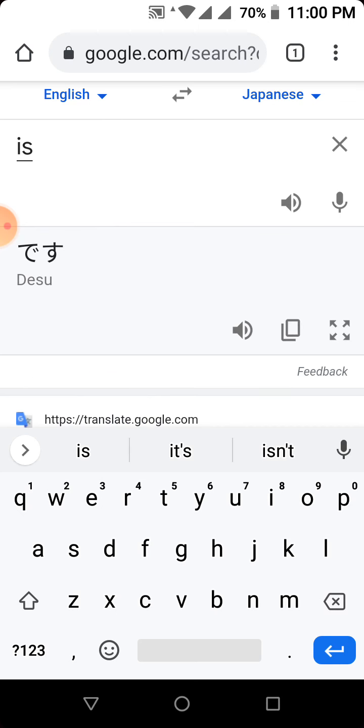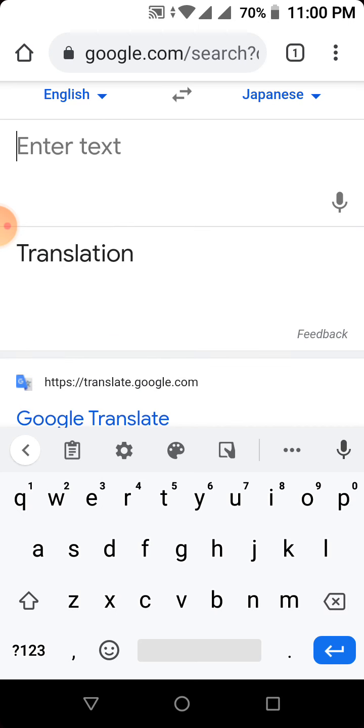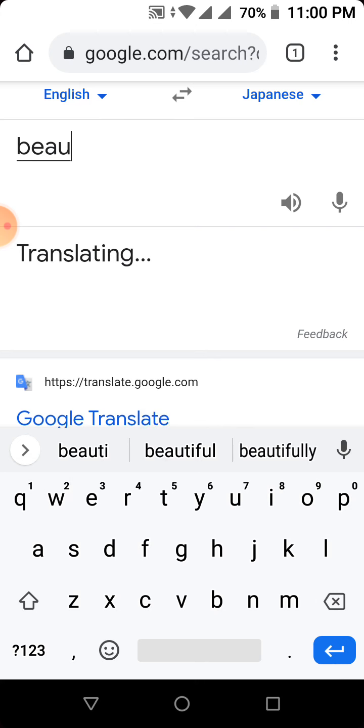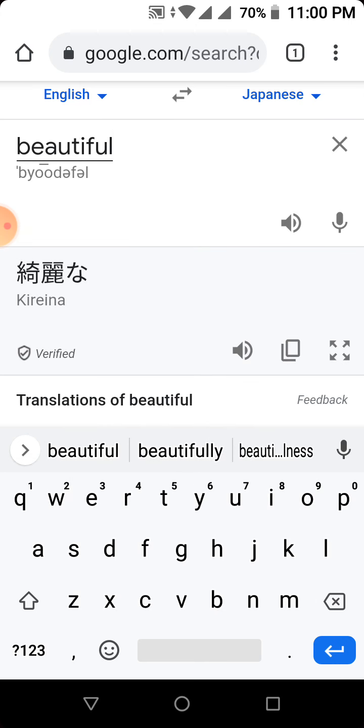Is, it's desu. And beautiful, it's kireina. So you have, guys, on your record, the translation of your place is beautiful. So it will be Kimino basho desu kireina in Japanese.